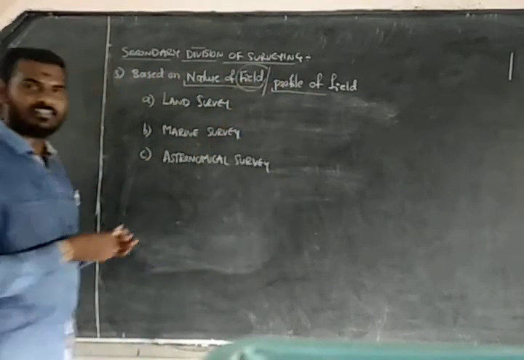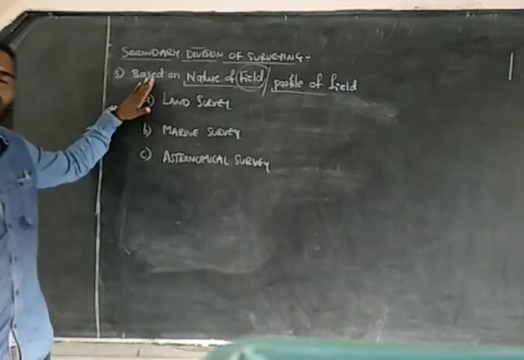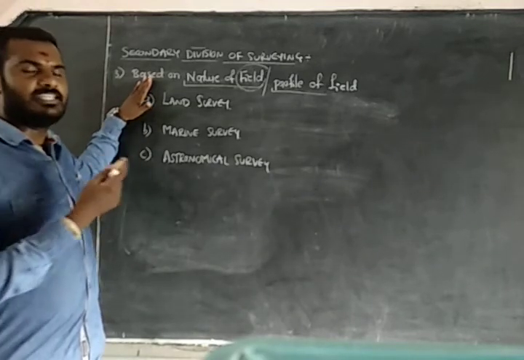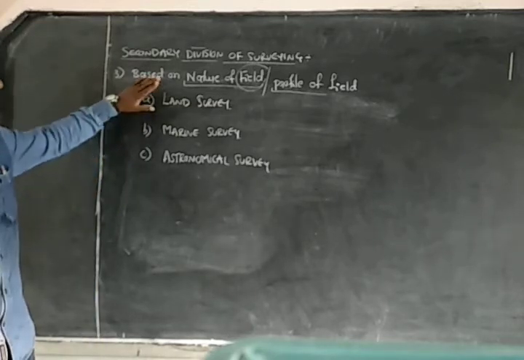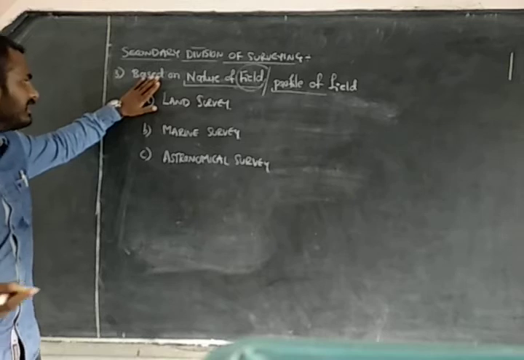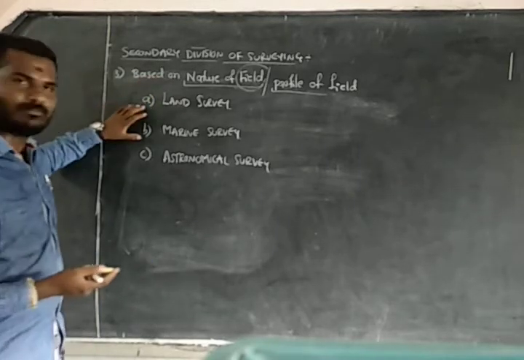Here we have three different fields generally in the planet. First one is the land surface. All the globe contains so many different features, and most of the part is covered with earth materials. The second one is marine, which deals with the water bodies.